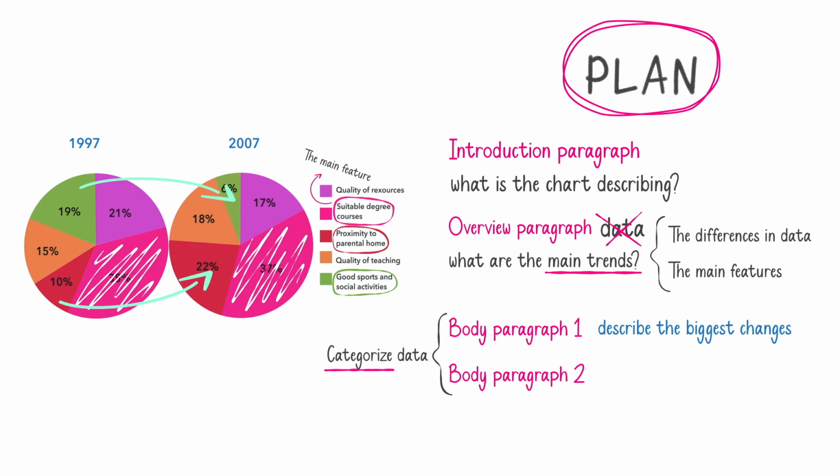The biggest changes are parental home and, second, good sports and social activities. And in the second body paragraph, I'm going to talk about the smallest changes. The remaining three are the smallest changes. So this is a very good way of categorizing data and analyzing those data in two body paragraphs.